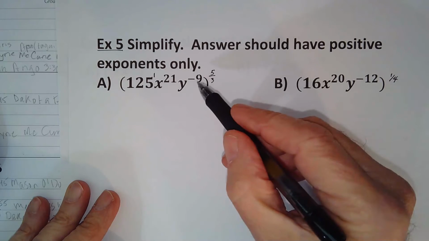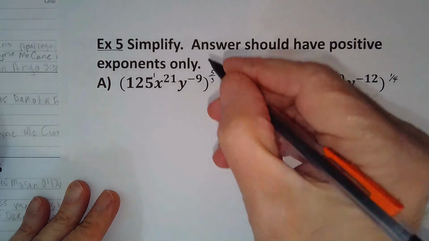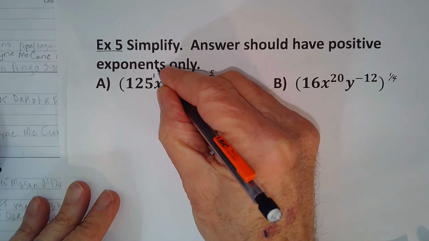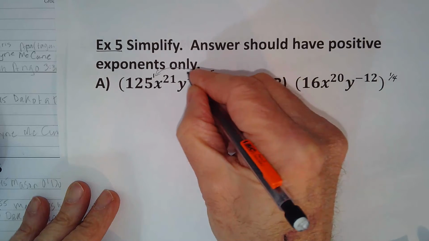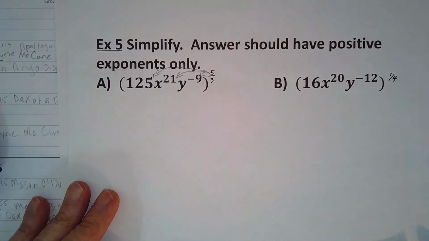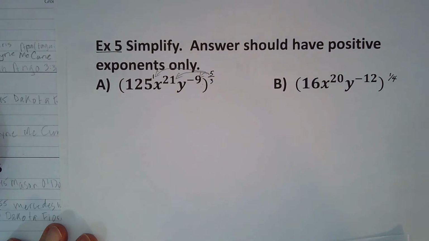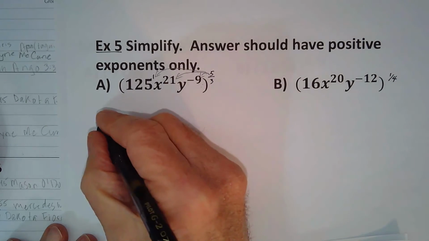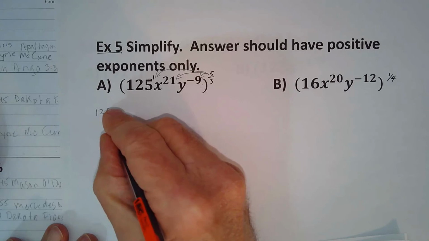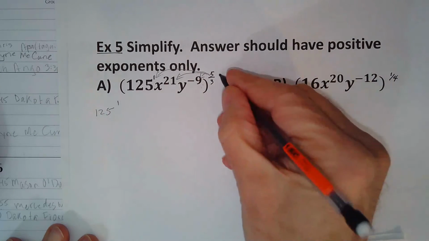And then we have 21 and we have negative 9. Those are the 3 exponents that we've got inside. But we have to distribute this 5/3 to the 1 and to the 21 and to the negative 9. Okay, those 3. So if we do that, we've got 125 to 1 times 5/3.